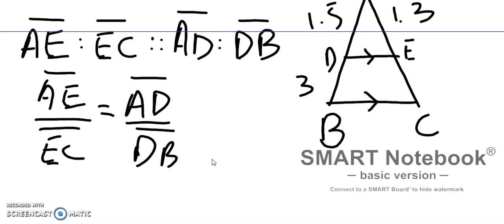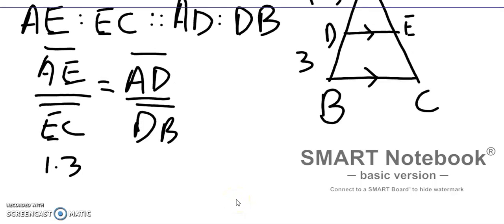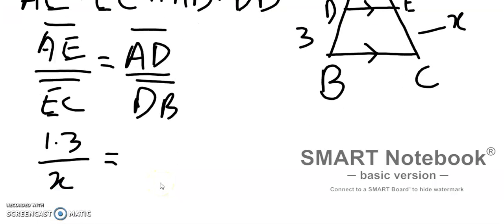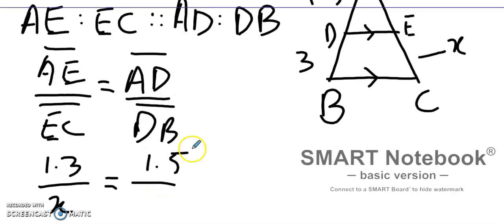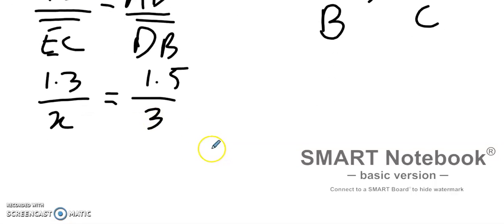AE is 1.3. As EC is unknown, we can say that this is unknown, it is X. You need to find this value X is equal to AD is 1.5 and DB is 3. So you need to solve this equation for X.